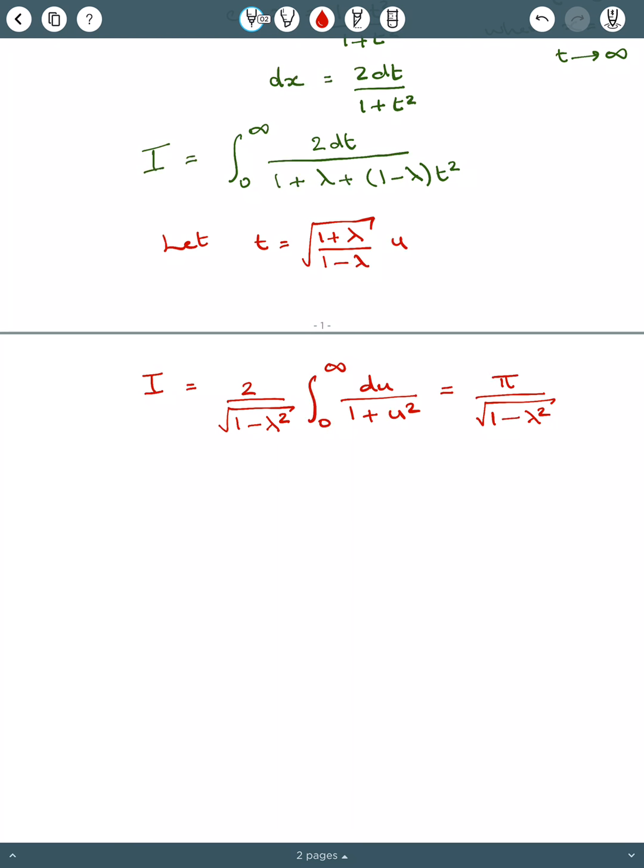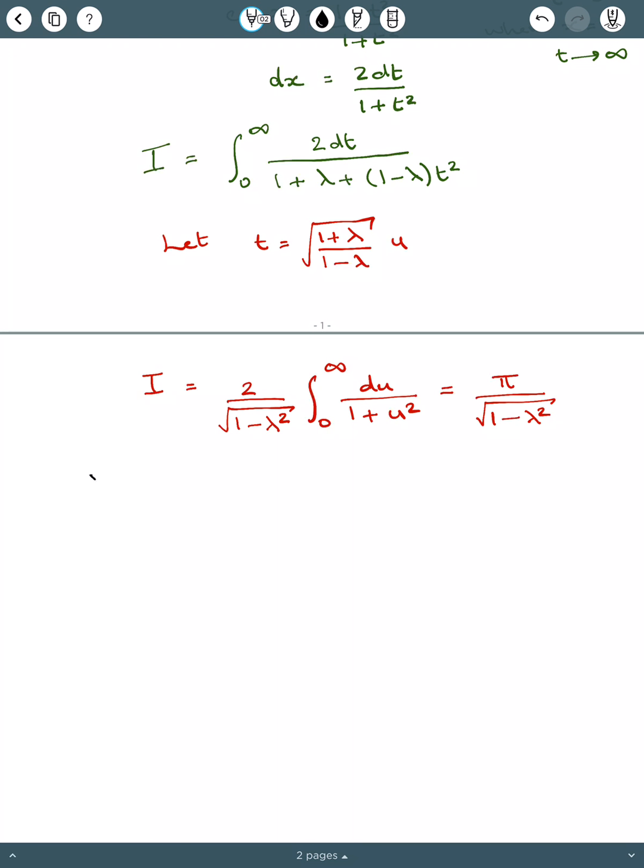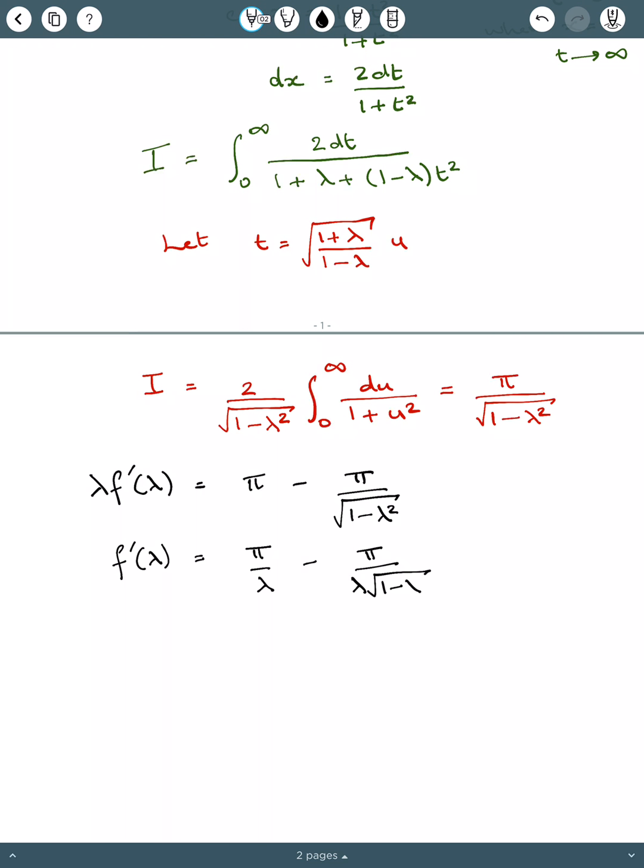Great, so scrolling back up, that's going to go where I is. Okay, so we have that lambda f dash is pi minus I, okay, so f dash is pi on lambda minus pi on lambda root 1 minus lambda squared.